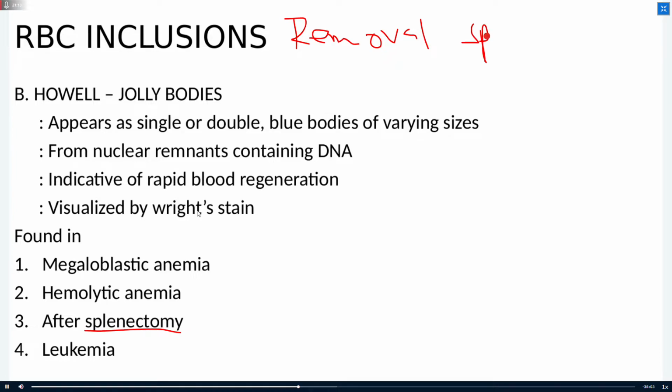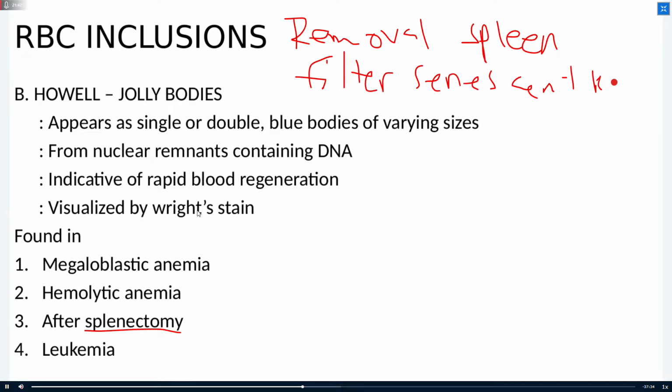Your spleen, class, what does your spleen do? Okay. Filter senescent, meaning dying, RBCs. So here's the trick, class.